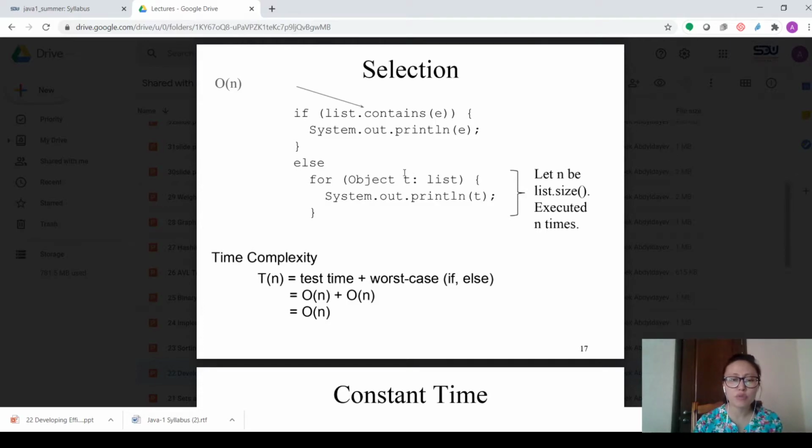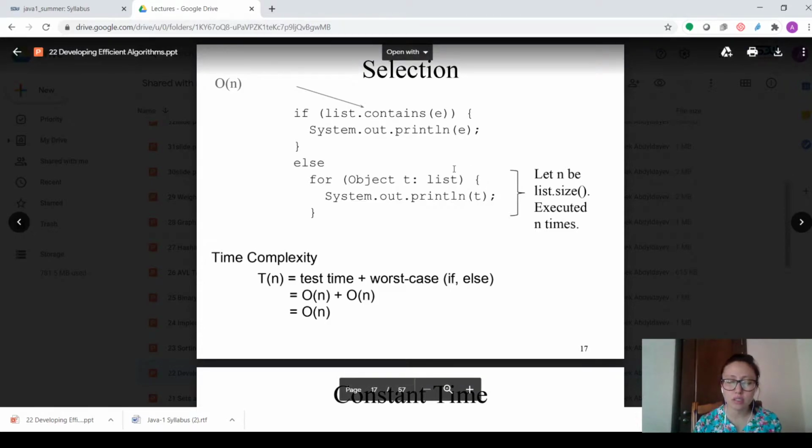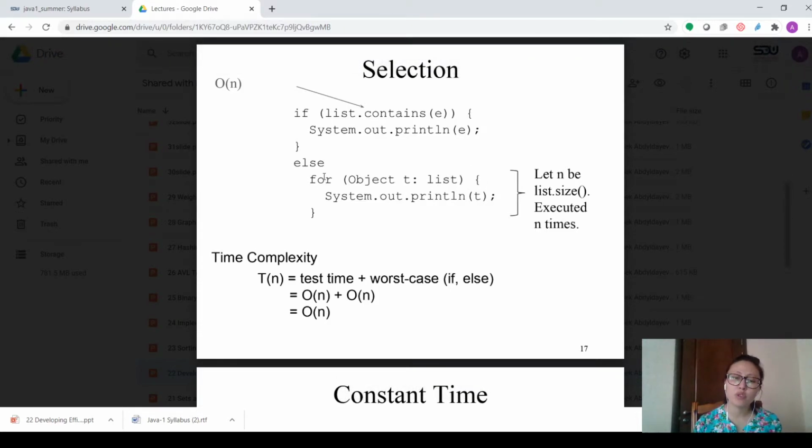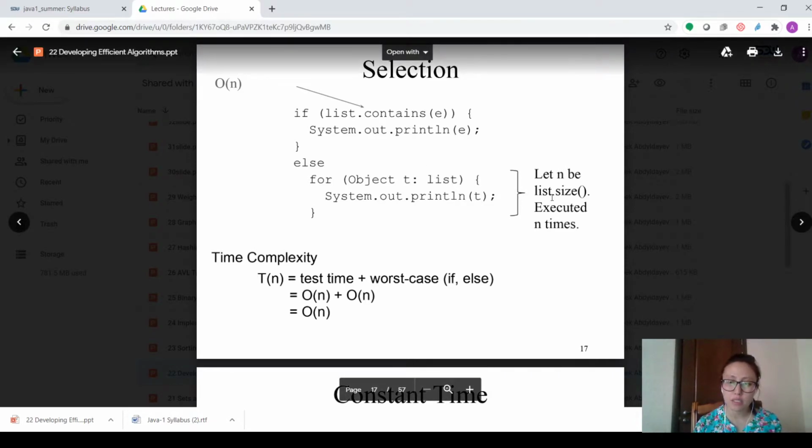We are searching for some object. We're doing some operation for T in our list, and we're performing it dependent on the size of this list.